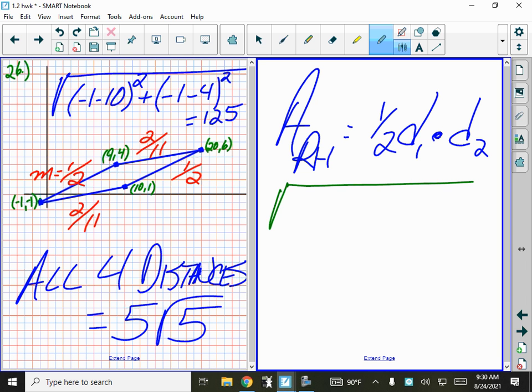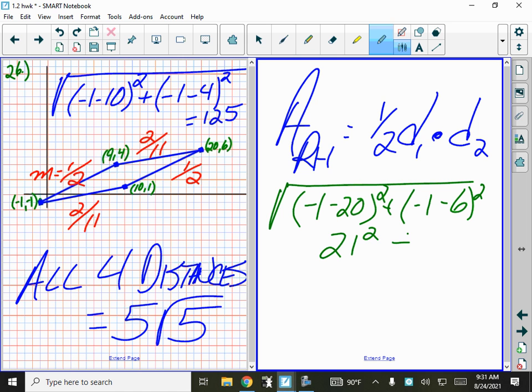I'm going from here to here because those points aren't listed. So it's going to be -1 minus 20, and -1 minus 6. That's 21 squared, and that's 7 squared.